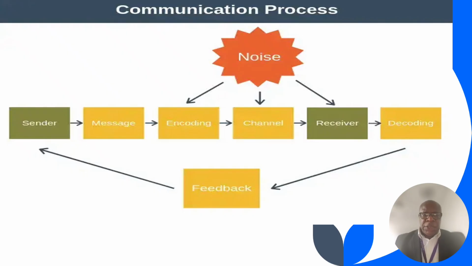If you look up at the top, you will see the red one that says noise. Noise can be referred to as any form of distortion, any form of external impact that may cause the message not to be received properly. Maybe there's a bandwidth issue or there's noise in the background.